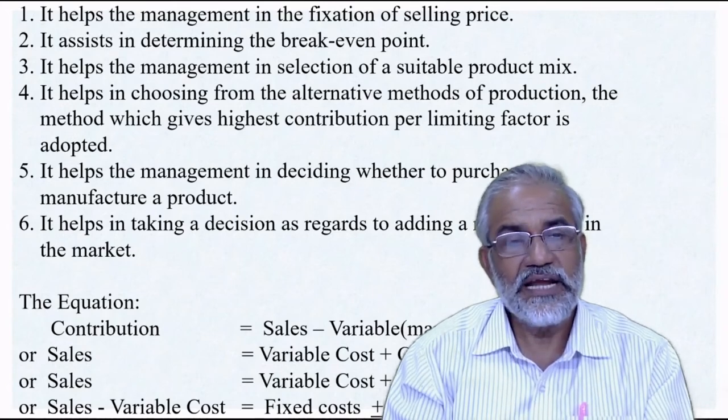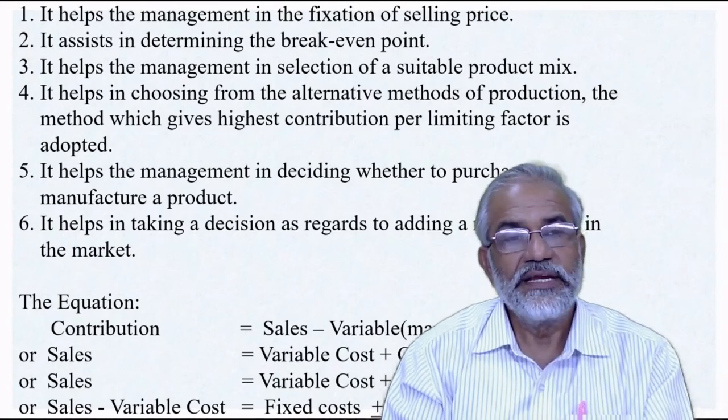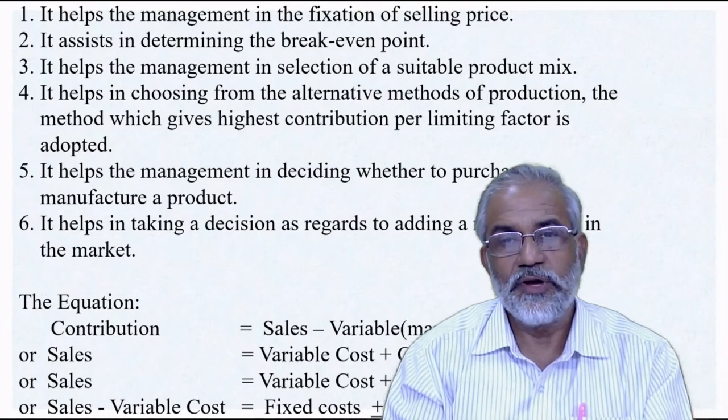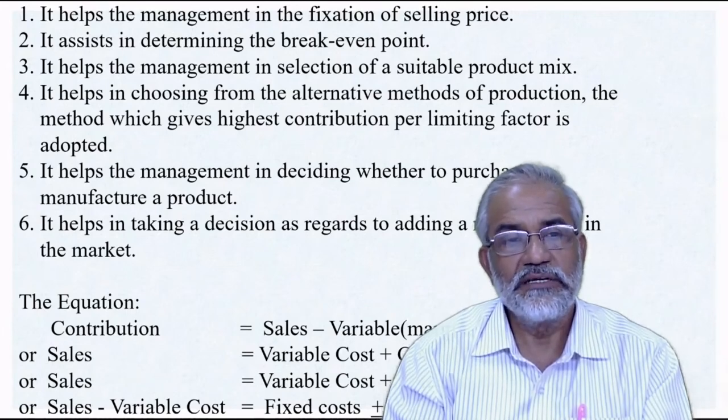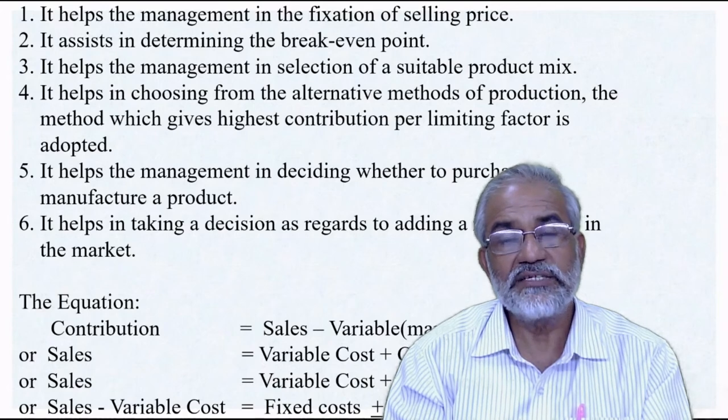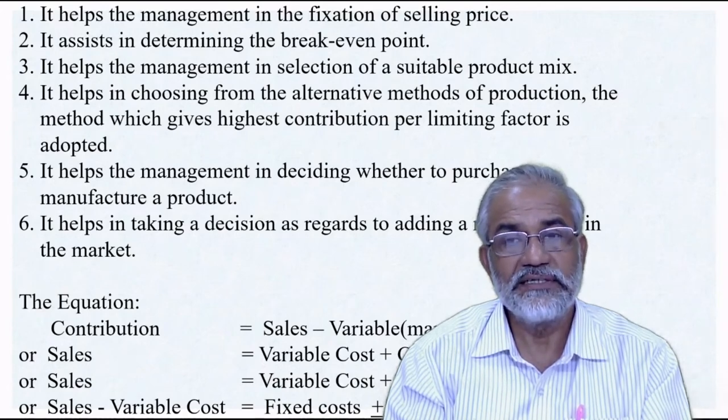The next advantage in the hands of the management is that it helps in choosing from the alternative methods of production: the method which gives the highest contribution for the limiting factor is adopted.